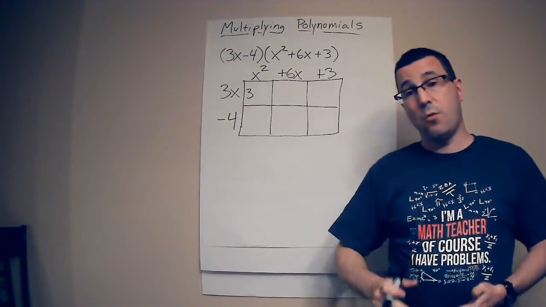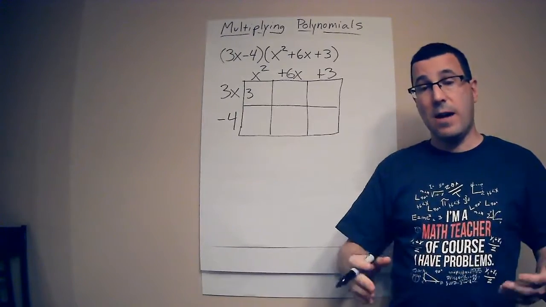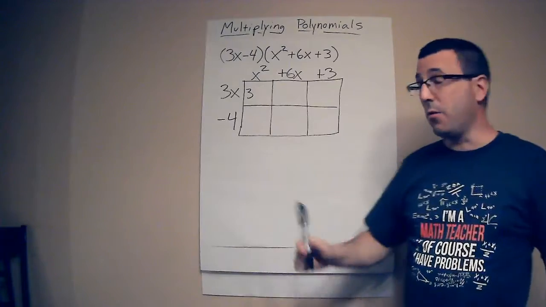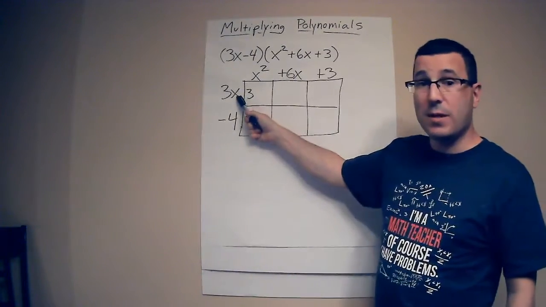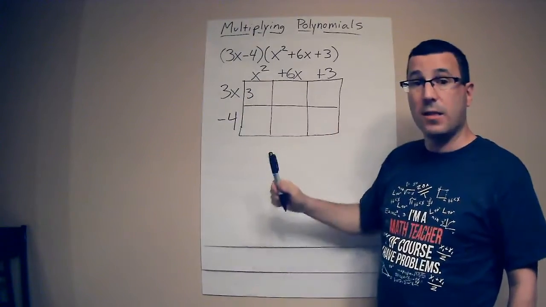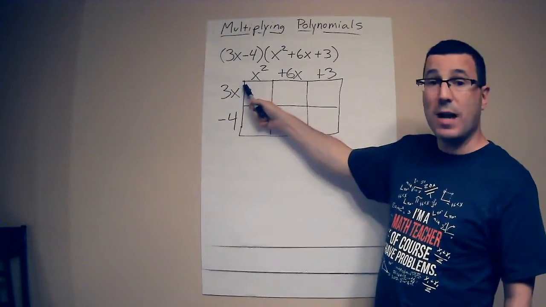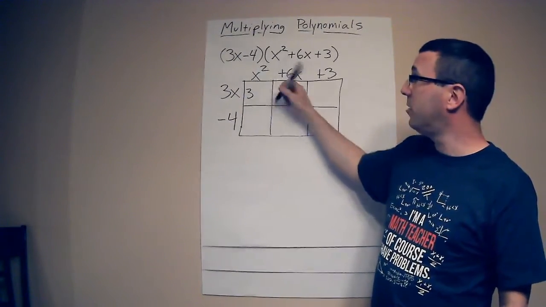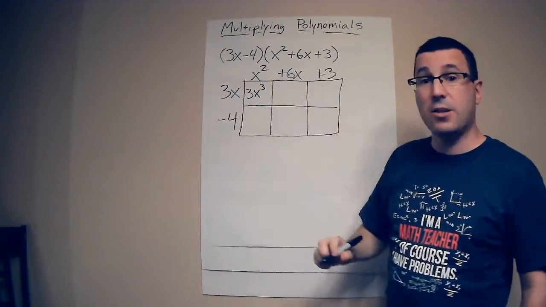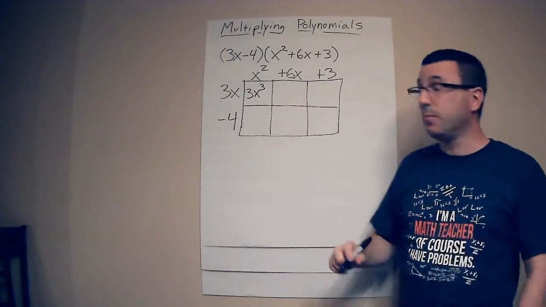If we remember, when we multiply a variable with another variable, we add the exponents. An x has a little 1 as its exponent. So I'm going to add 1 plus 2, so I'm going to have x to the third power, or x cubed.